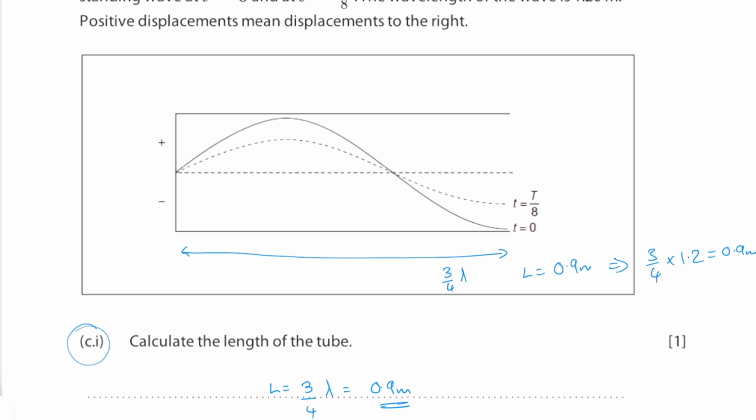So it starts here, and at time T over 8, you can see at this point of the wave, T over 8 is going to be above it. So T over 8 later is going to be there. So it's moving towards that, which means it's got a positive displacement, which means it moves to the right.